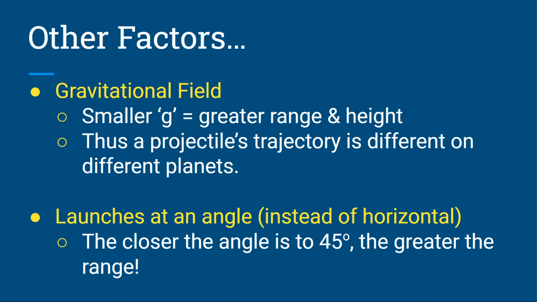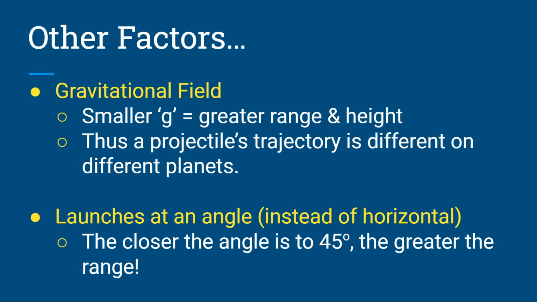Obviously, I can't test that because the gravitational field is what it is on Earth. But if you were to launch a projectile under otherwise identical conditions on the Earth and then on the moon, you're going to get greater range on the moon. On Earth, it's going to fall at negative 9.8 meters per second every second, so you're going to have less air time than something where you have less gravity.